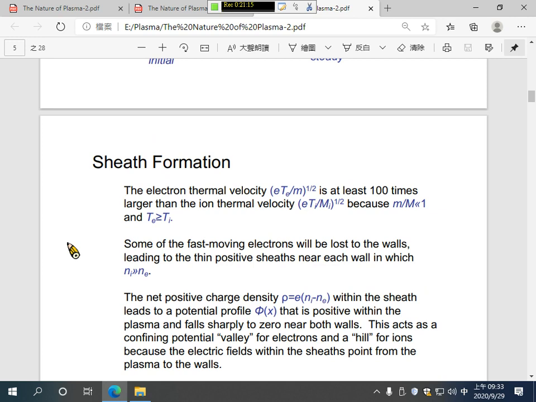So the velocity of electron equals the square root of the charge of electron times T, where T is the electron temperature, divided by m, the mass of electron. And the velocity of ions equals the square root of the charge times the ion temperature divided by the mass of ion.